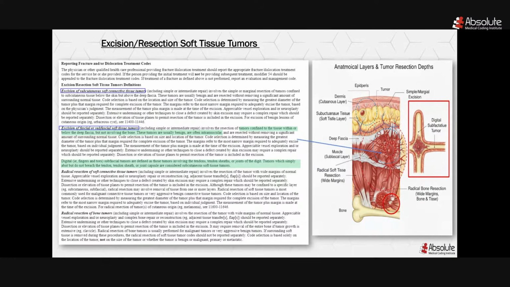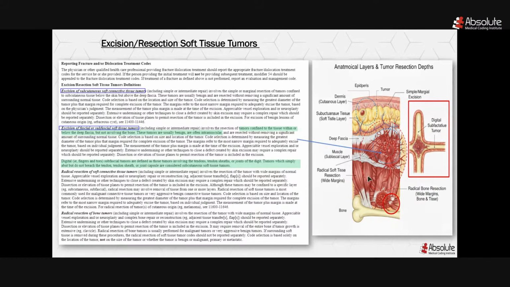However, if the tumor is only touching or sitting next to the tendon, tendon sheath, or joint, but does not breach them, then it will be considered a subcutaneous soft tissue tumor. That is a very important point while coding digital tumors, so keep a note of that.